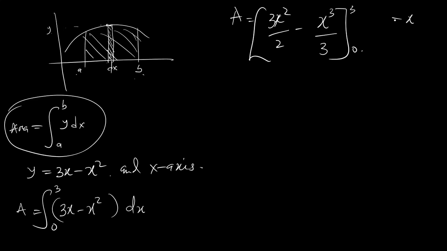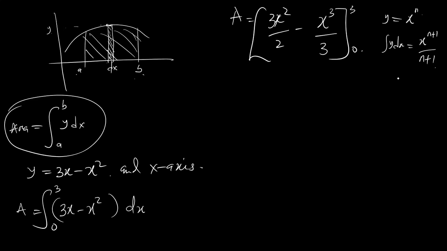To integrate, let's say you have y equal to x raised to power n. This will be equal to x raised to power n plus 1 divided by n plus 1. That is how we got this expression.